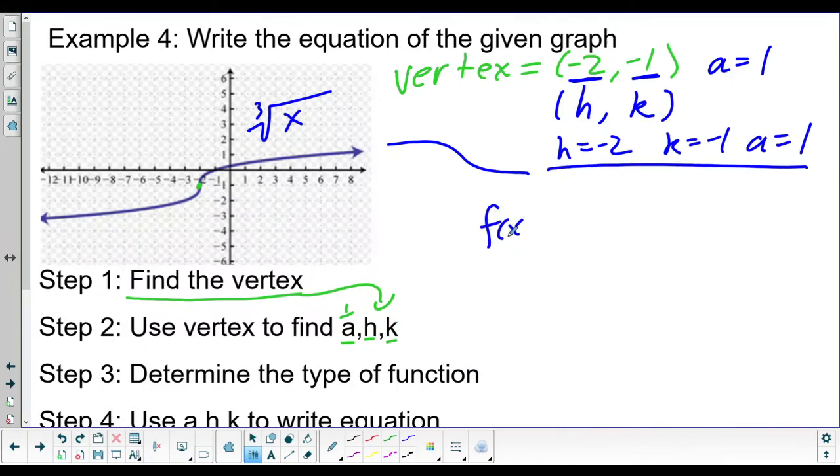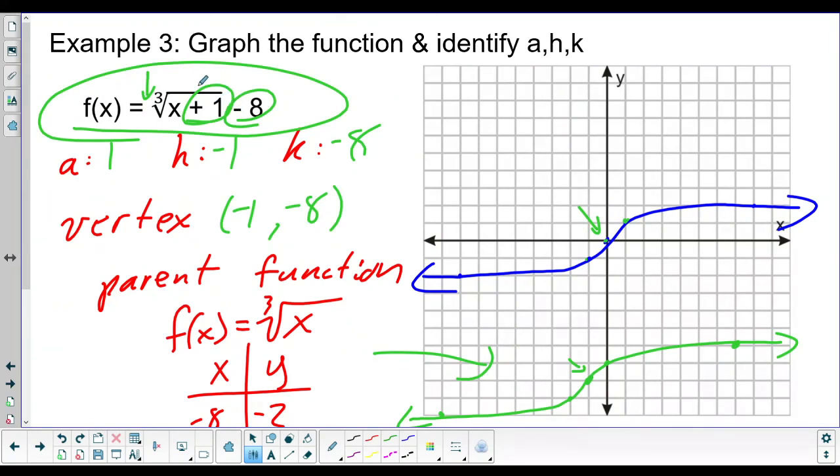So now we're going to use this information and these three numbers to write our function. So f of x equals a cube root. Put the x on the inside. Let's talk about h really quick. When we look at the equation, it says +1, but our vertex is at -1. So just like when we take it out of the equation, we flip the sign.